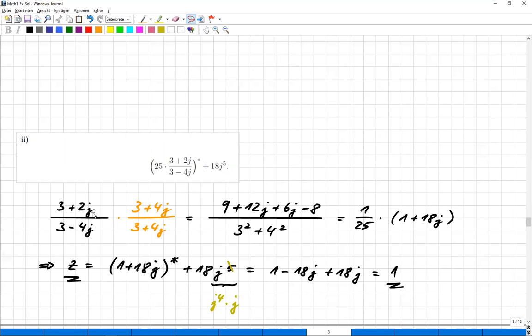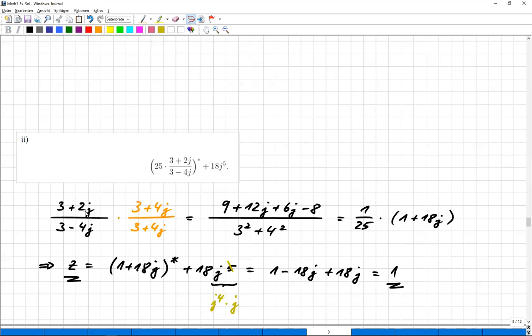But this time I have to multiply this by this, combining all the different constituents. So I have 3 times 3 is 9. 3 times 4j is 12j. Then I have 2j times 3, which is another plus 6j.